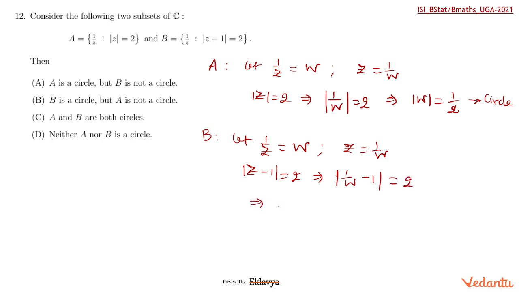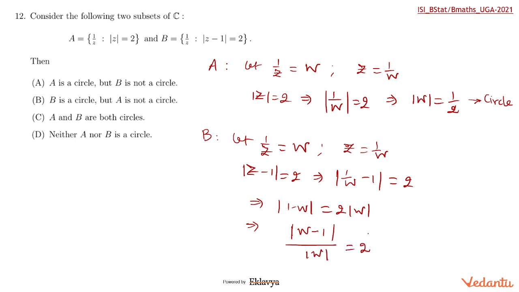This implies mod of 1 minus W is equal to 2 mod W. Taking the LCM now, from here we can say mod of W minus 1 upon mod W is equal to 2.